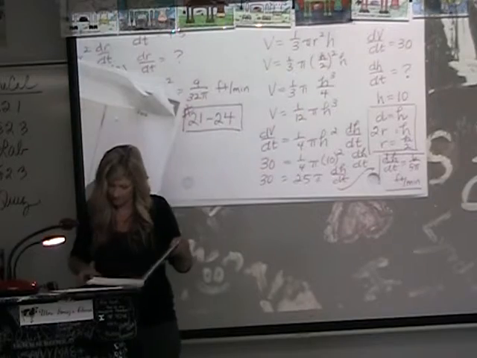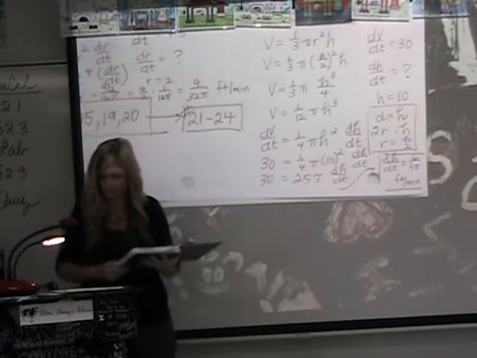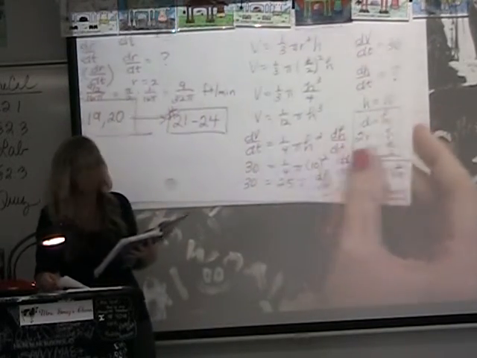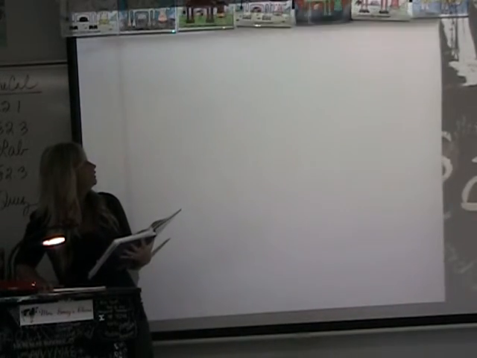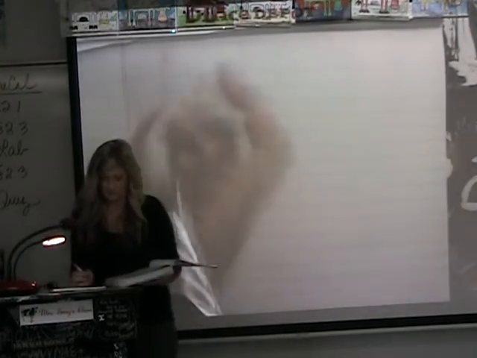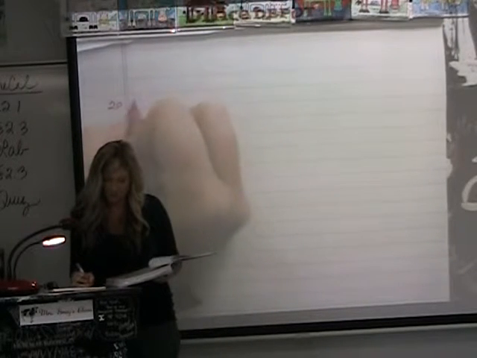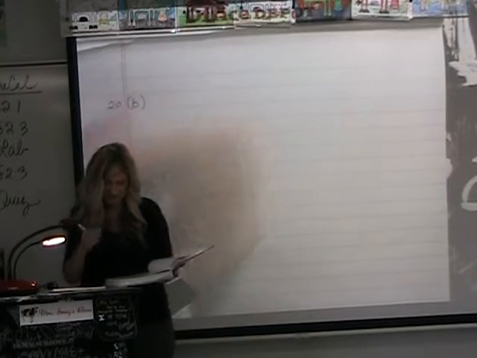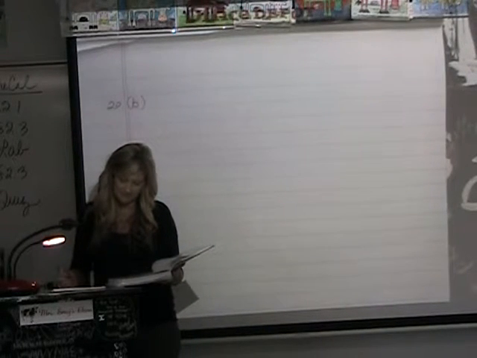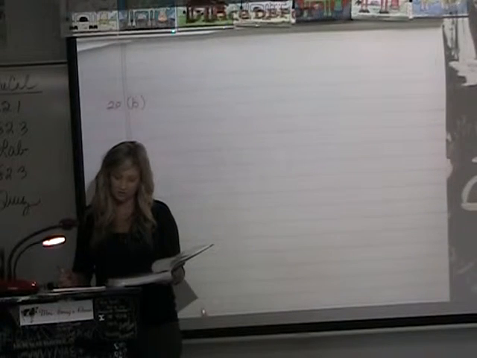Here we go. Part B. So 20 says all edges of a cube are expanding at a rate of 3 centimeters per second. How fast is the volume changing when each edge is 1 centimeter and then 10 centimeters?